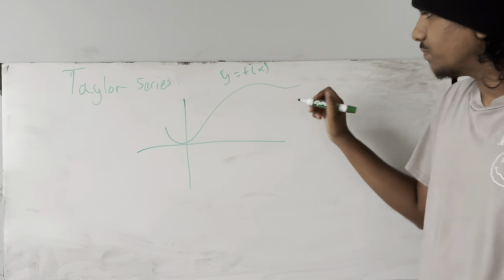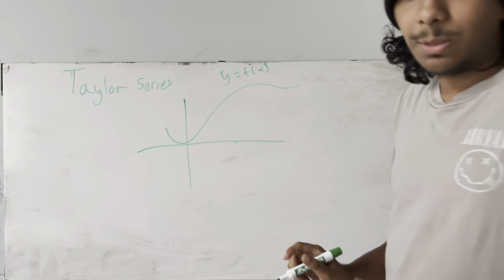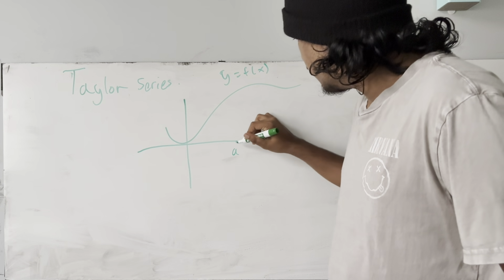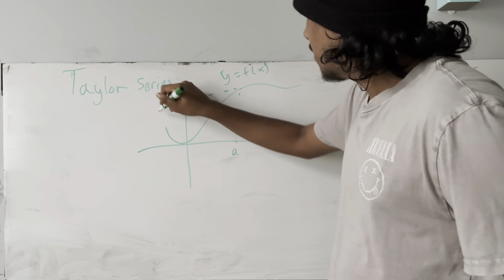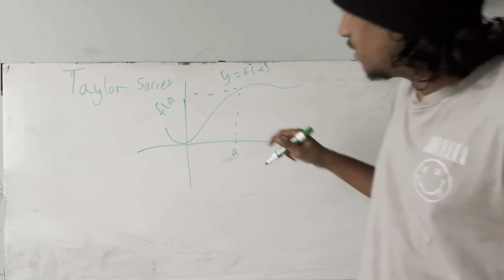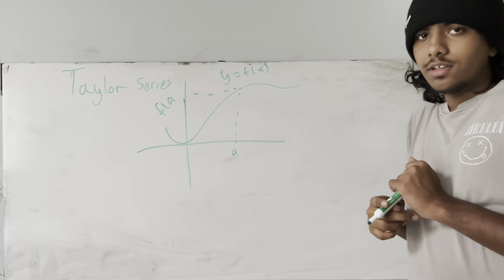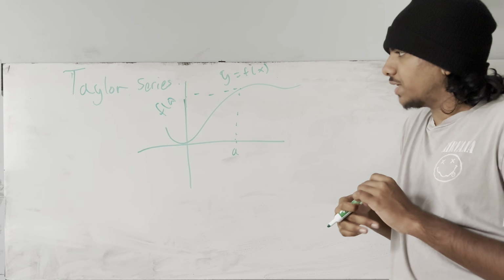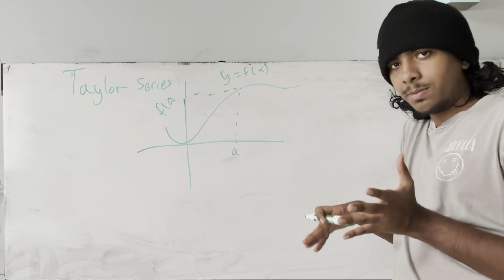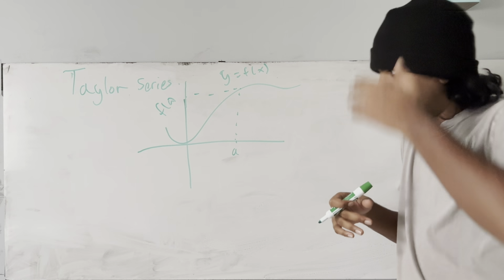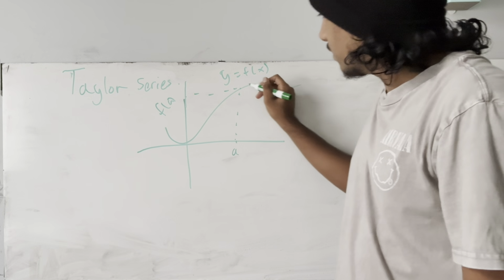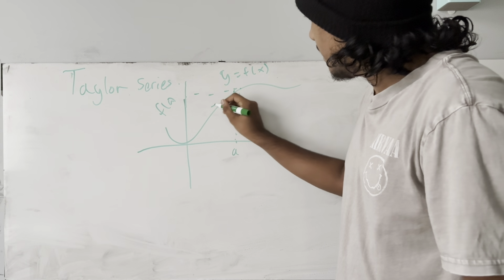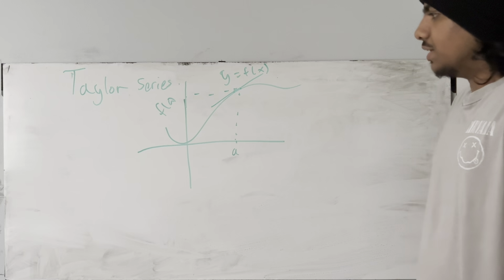Okay, and let's say I choose a point. Let's choose a point, a, f of a. Okay, sweet. So you've done a lot of linear approximations, so let's do that right now. If I want to approximate the function as a line, what would I do?